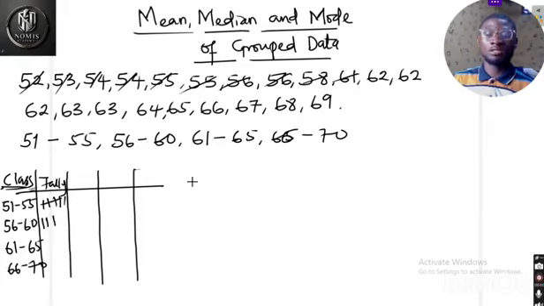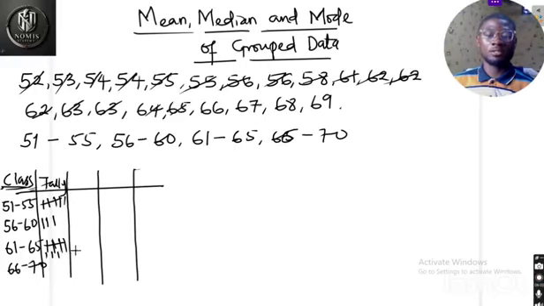And then 61 falls here. 62 falls here, 62 also falls here, 62 also falls here. 63 also falls here, 63 also falls there. 64 falls here, 65 falls here.